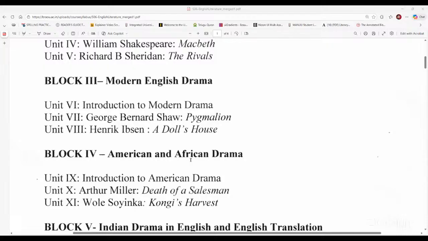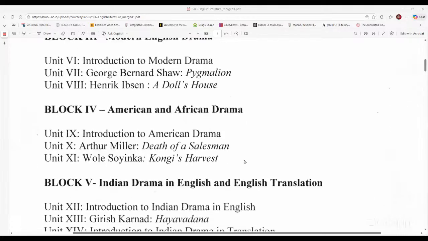After that overview, there are two texts with reference to American drama that we are going to study. The first one is Arthur Miller's Death of a Salesman, a very popular play. And then we have Wole Soyinka's Kongi's Harvest.